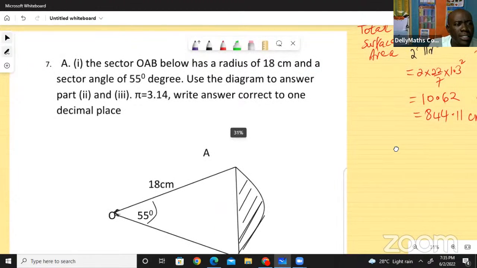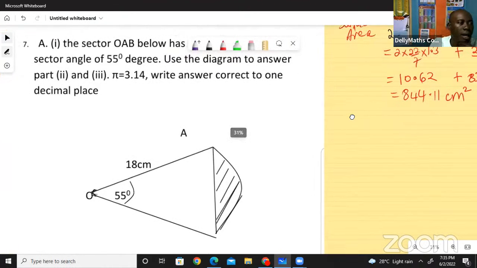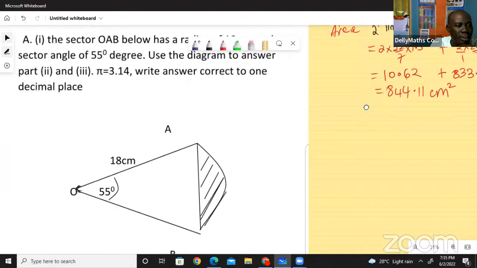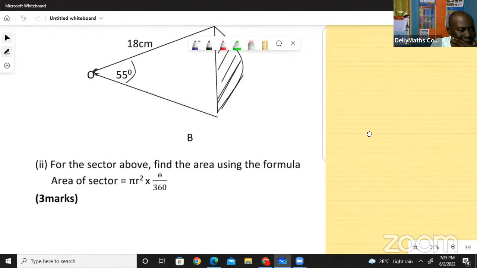It says the sector OAB below has radius 18 and a sector angle of 55 degrees. Use the diagram to answer parts 1 and 2. Those questions are coming. We're using pi as 3.14 this time, and write your answers correct to 1 decimal place.